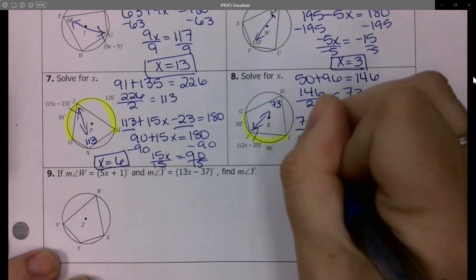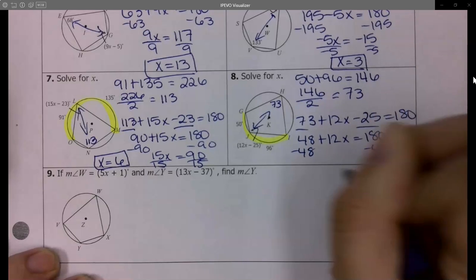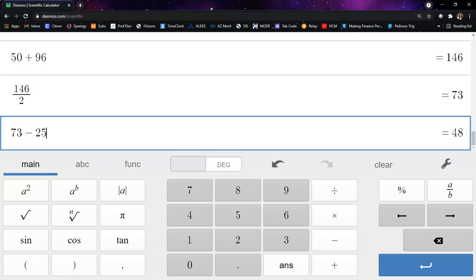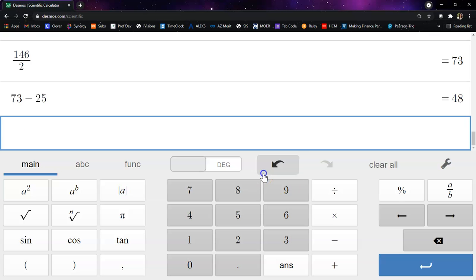Then I want to go ahead and subtract 48 on both sides. So I get 12x equals 132.